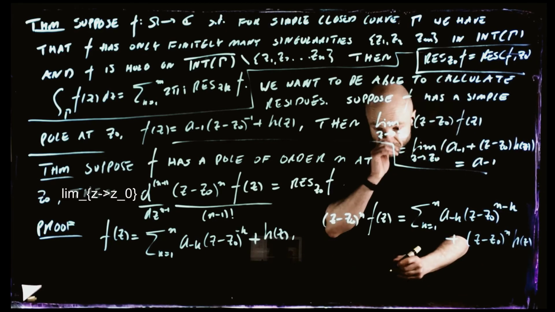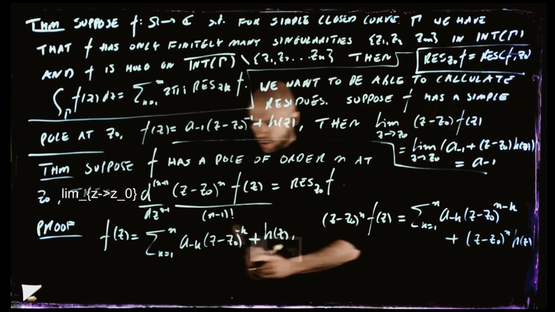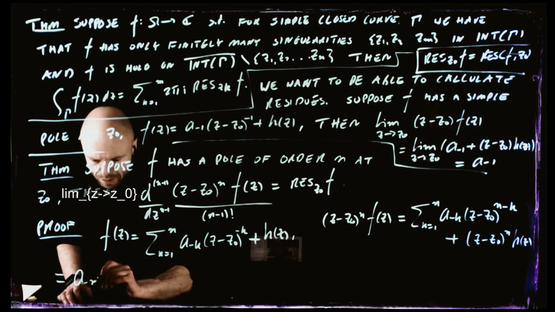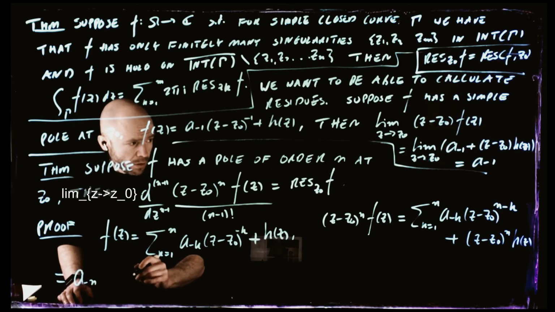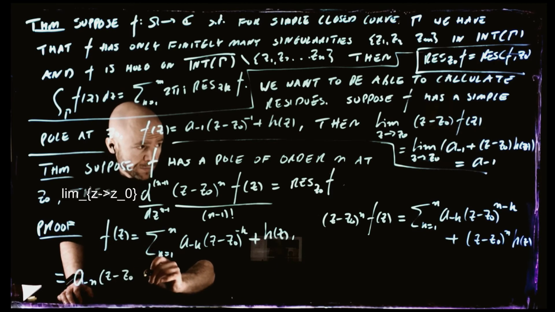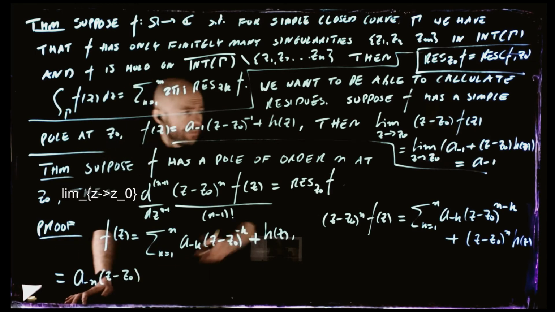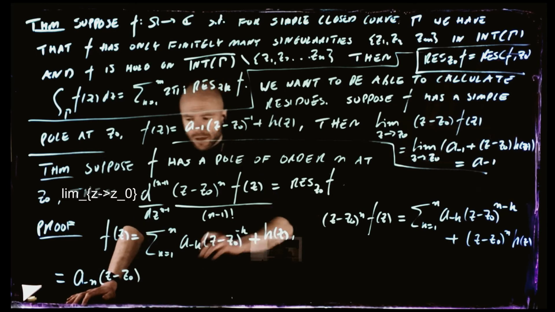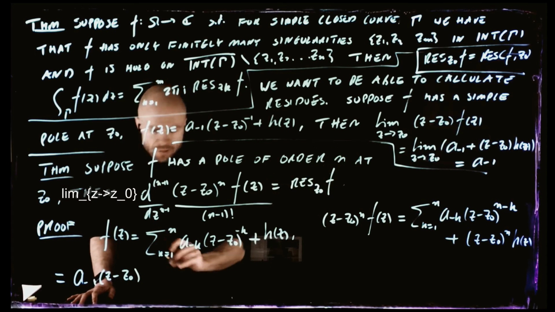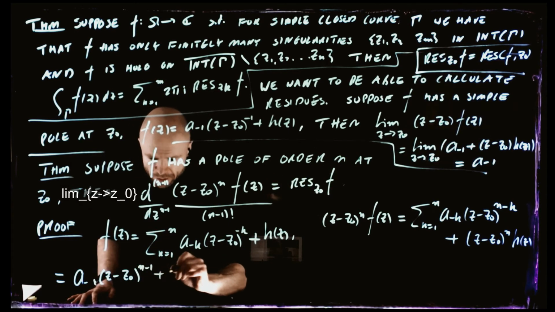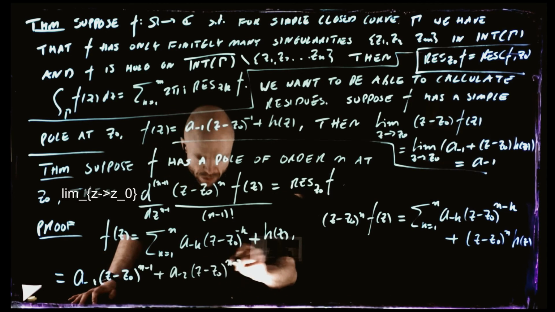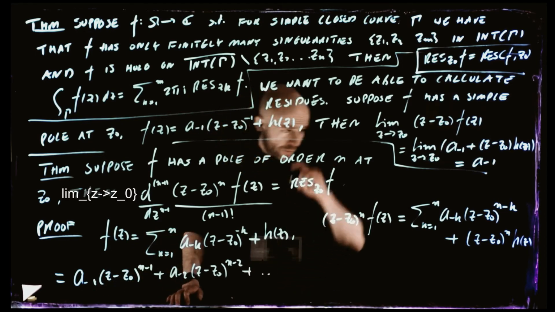Yeah, let's write out some of these terms just to make this clearer. What do we have? We have a_{-n}, and then let's start from a_{-1}. So we have a_{-1}(z - z0)^{n-1}, and then we have a_{-2}(z - z0)^{n-2}, and so on.